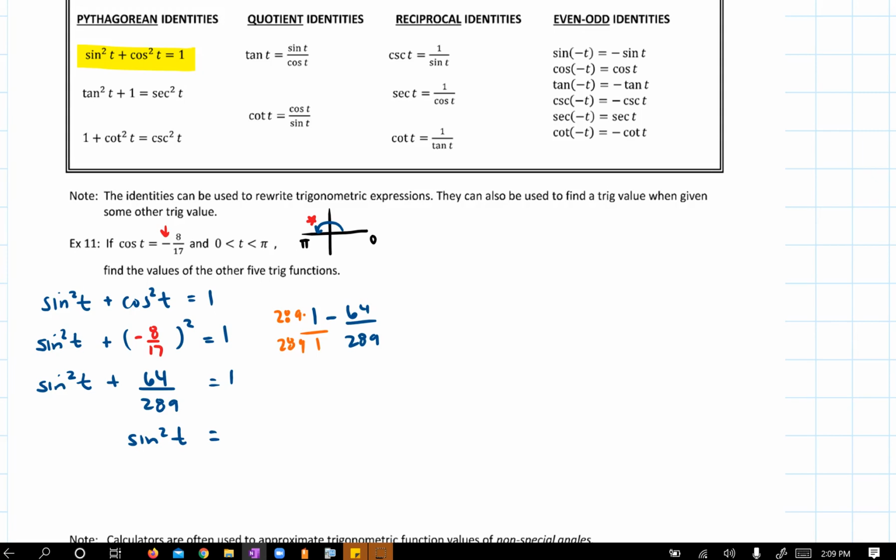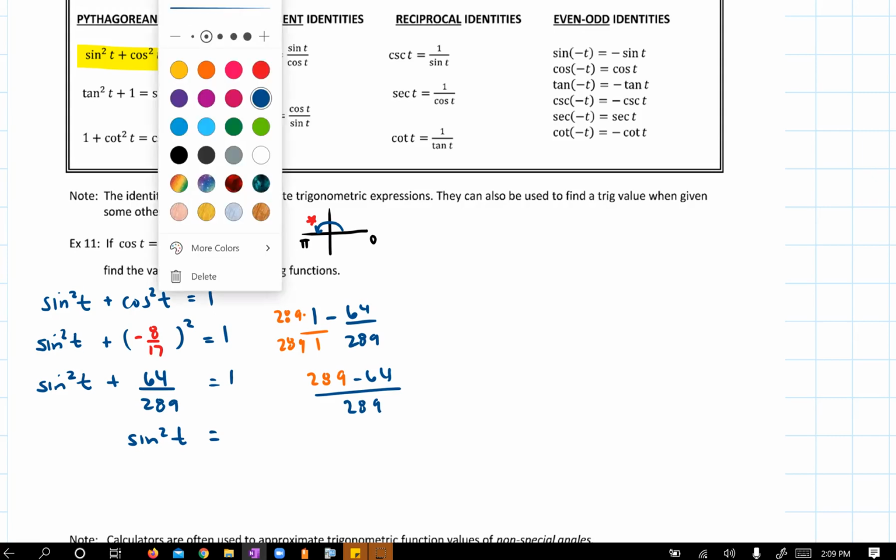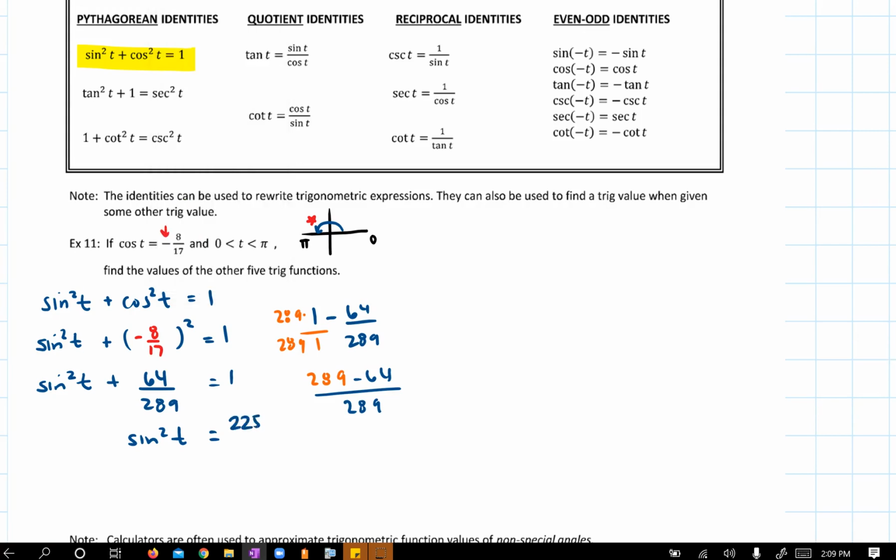So that would leave me with 289 minus 64 all over 289. And that will leave us with 225/289. So the numbers are getting a little bit larger. I definitely make use of my calculator. We could have done this without having to do it by hand, but might as well review some fraction math with you. So we're almost there.